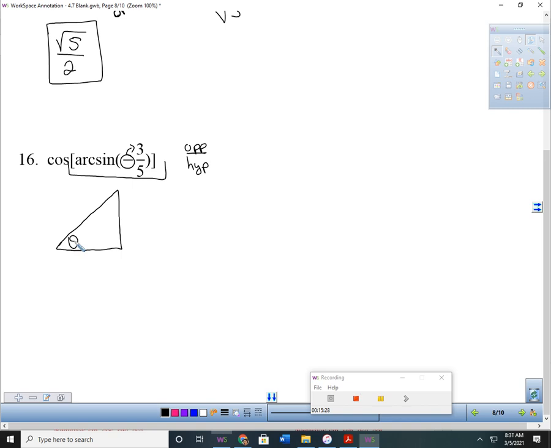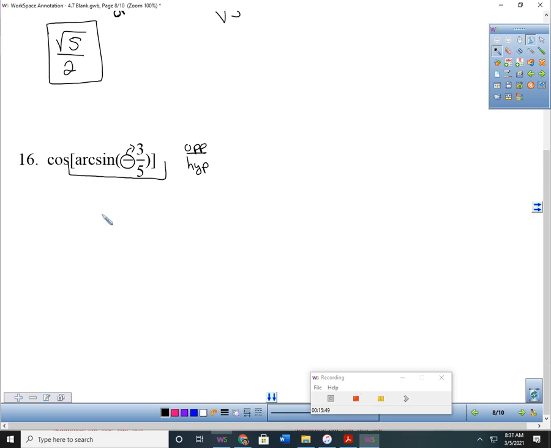Put my angle there. So in reference to this angle, the opposite side would be -3, and the hypotenuse would be 5. All right? And tell you what, we might want to draw this in the correct quadrant. That way it's shaped correctly.